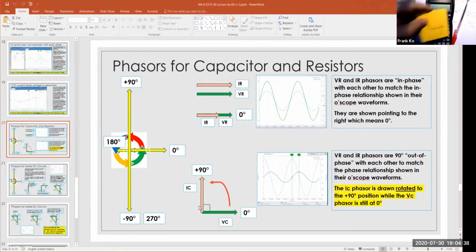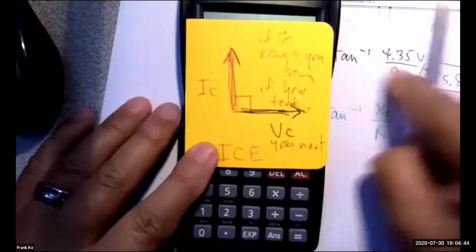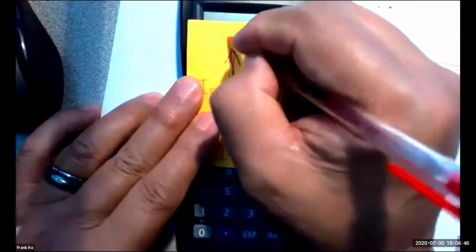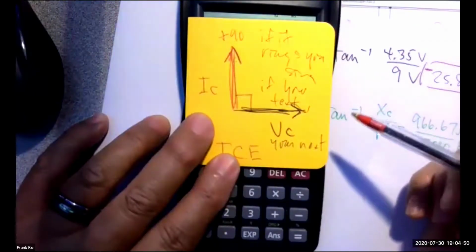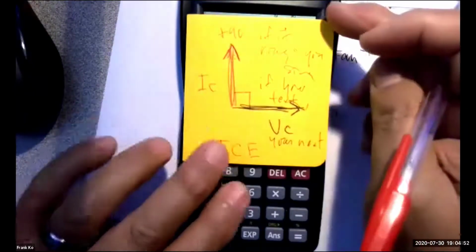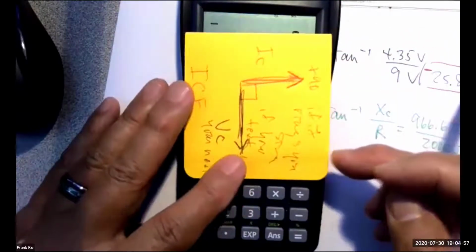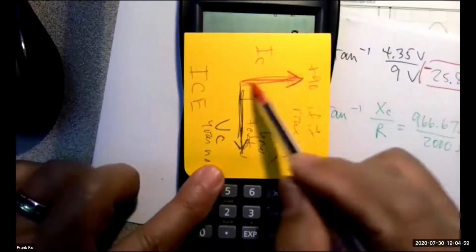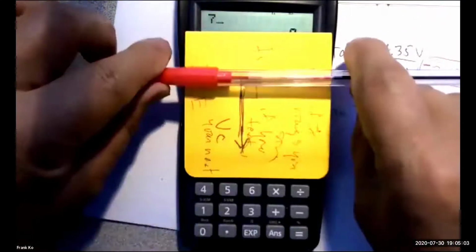I'll do it again. Right here on the camera, stop this share. Right here on the camera, here is my IC pointing up at positive 90 degrees, yes? I have to get this pointing at 0 degrees because the resistor's pointing at 0 degrees. What do I do? I rotate this like so. Now my IC phasor is pointing at 0 degrees because 0 degrees is the horizontal, yes?